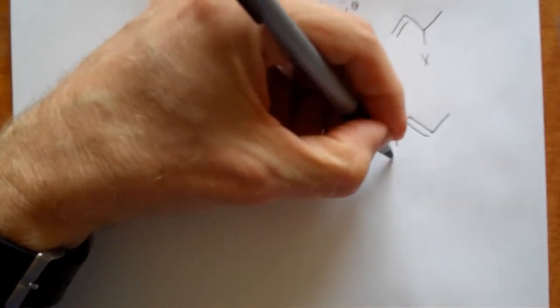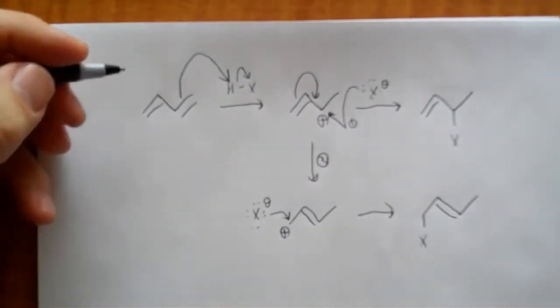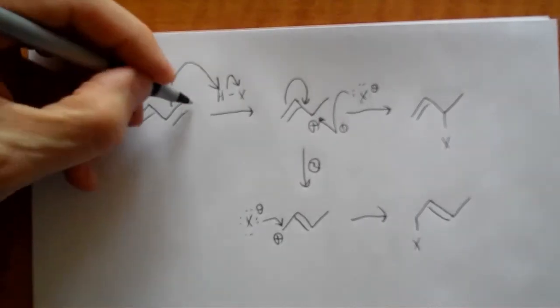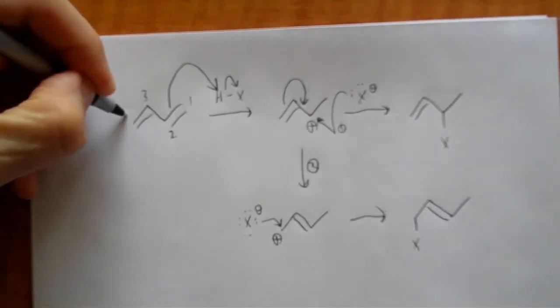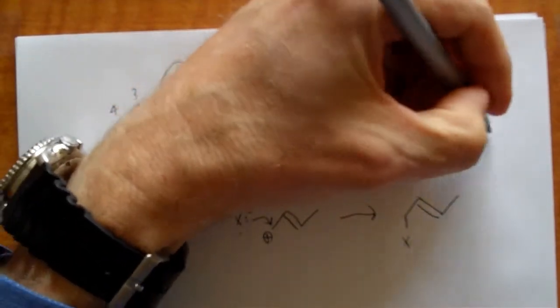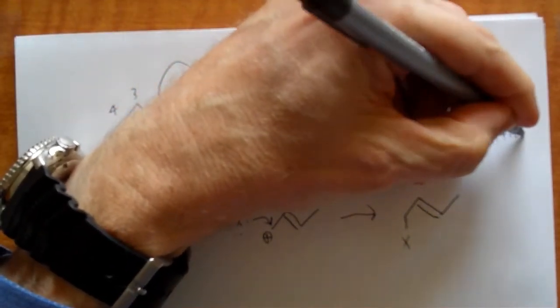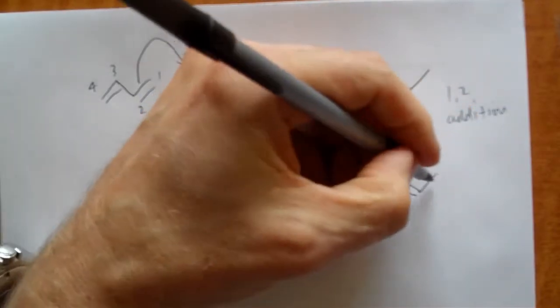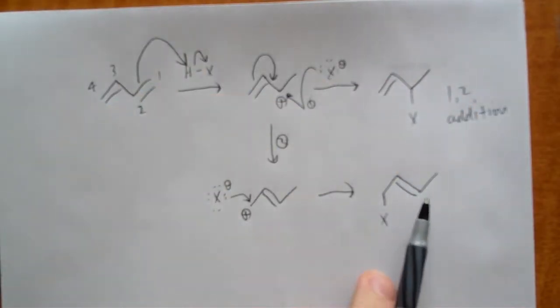That and that. Okay? Now we can see where the terms come from. If this is carbon 1 and that's carbon 2 and that's 3 and that's 4, this is a 1,2 addition. We got an addition to the 1.